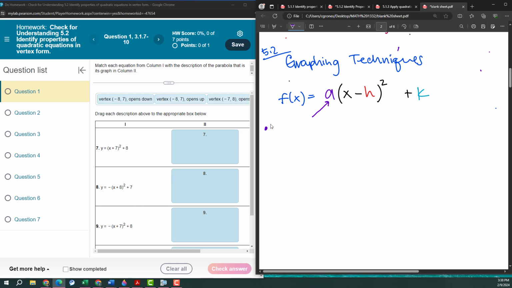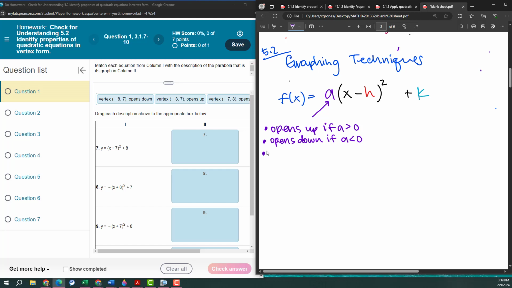So it opens up if a is greater than 0. It opens down if a is less than 0.